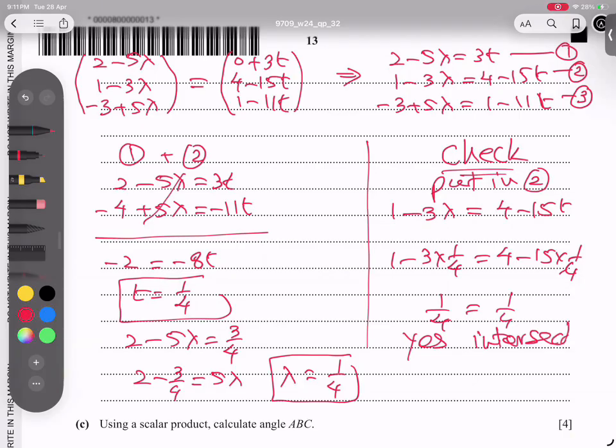Now the question comes, how to find the intersection point? I have two choices. I can plug in the lambda on the left-hand side or t on the right-hand side, both are the same. So I'm putting this value here. So the first value, I'm getting 3 over 4. Second, students, 4 minus 15 times 1 divided by 4, and my answer turns out to be again 1 by 4.